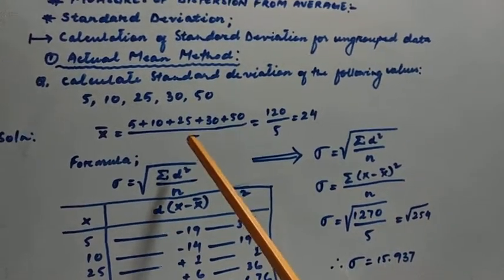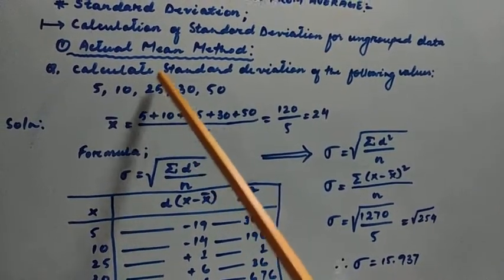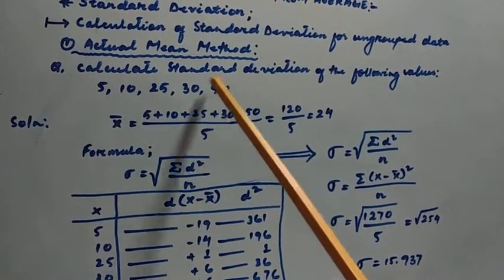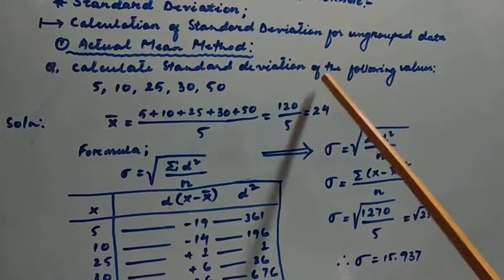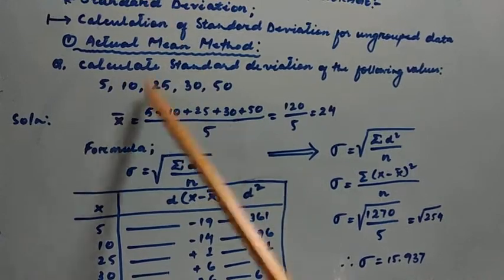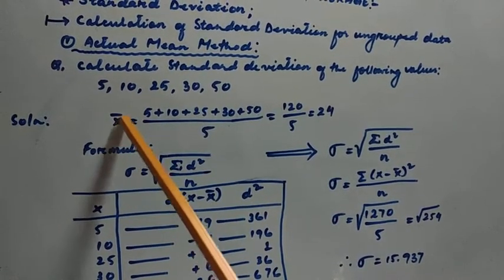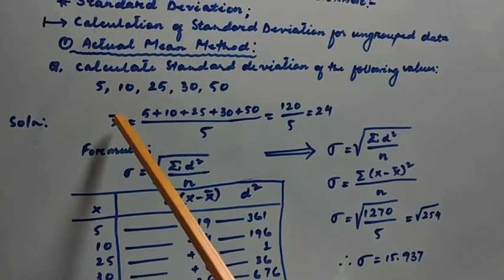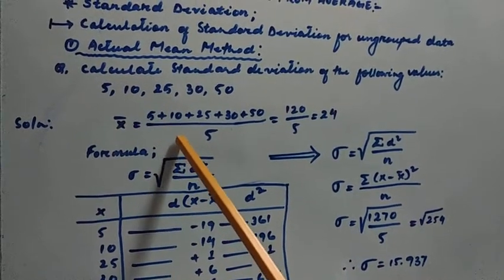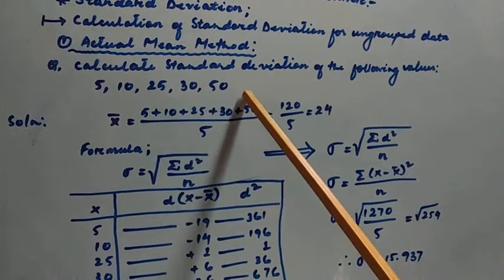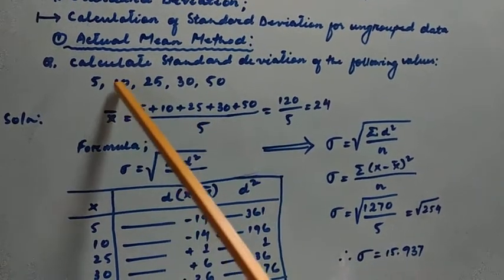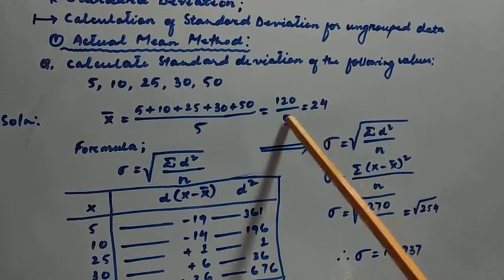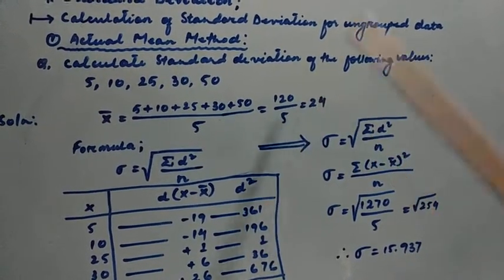This is the question given here. We have to calculate the standard deviation of the following values. First, under the actual mean method, find the mean x bar. x bar is the summation of the given values divided by the number of observations, which gives 120 divided by 5. So x bar is 24.